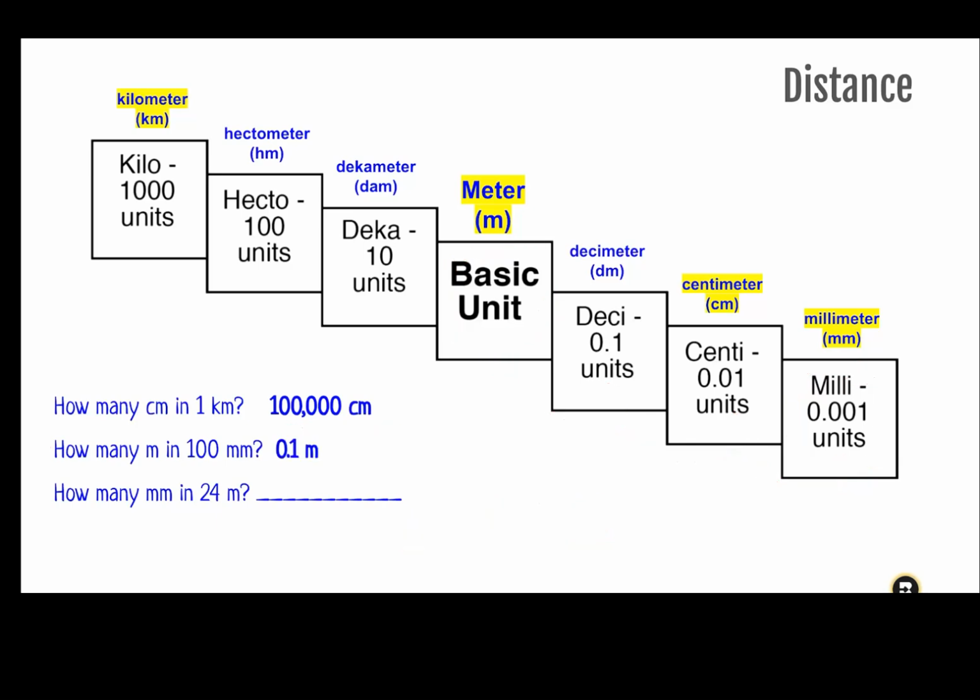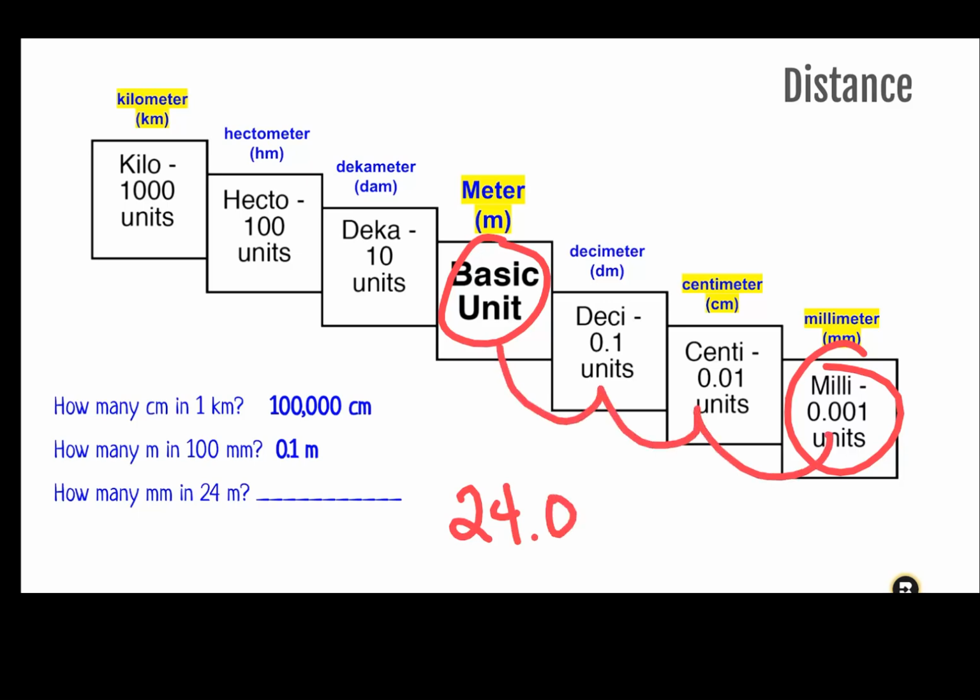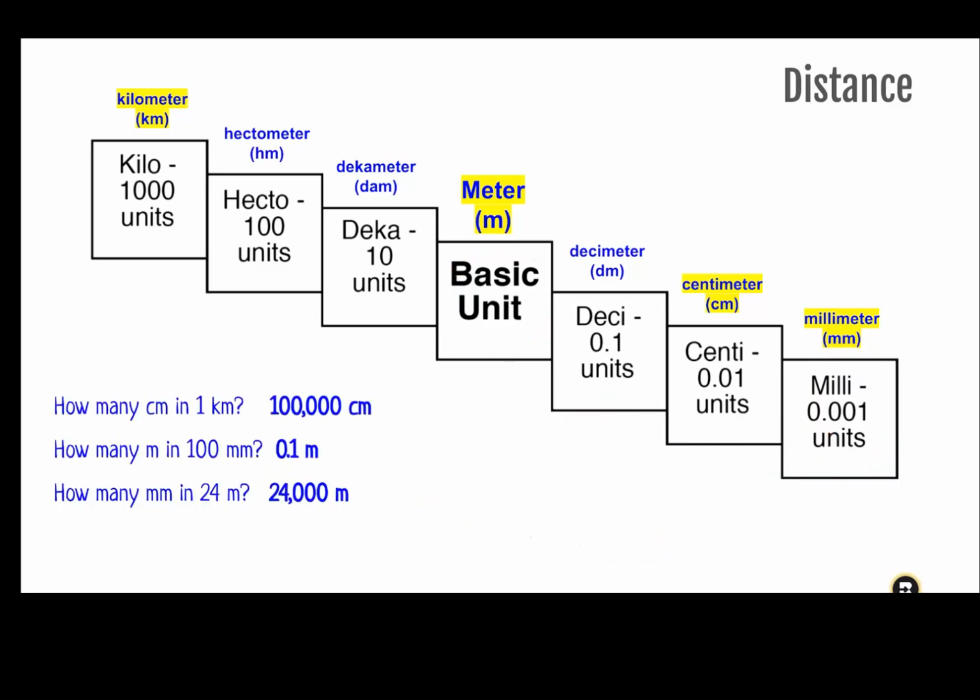How many millimeters in 24 meters? We're starting at meters, and I want to go to millimeters. I've got 24.0. So I'm going to hop 1, 2, 3 places to the right. Add in my zeros, and the answer is 24,000 millimeters. So, a really powerful tool here.